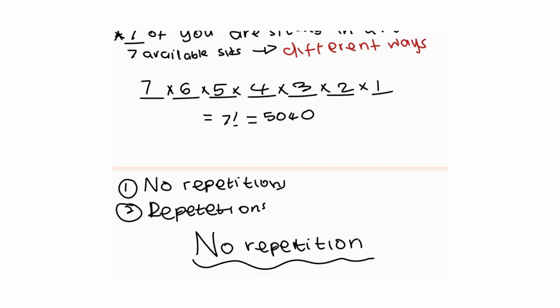If they don't say anything about repeating, it means no repetition. But if there is repetition, they will always say it, for example, that learners may be repeated. If they don't say it, it means there isn't any repetition.